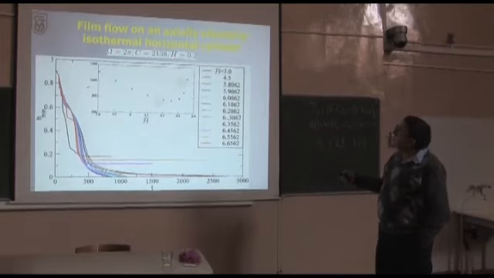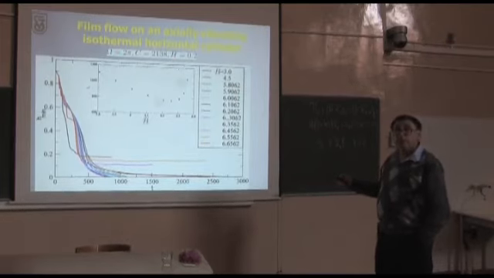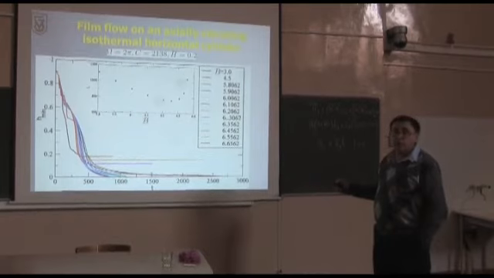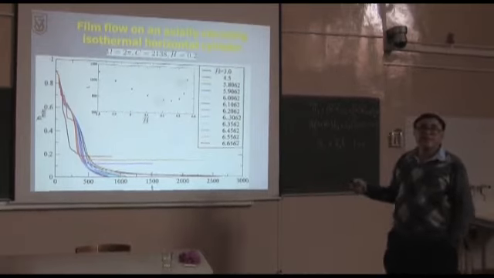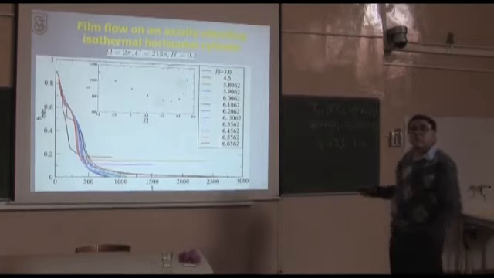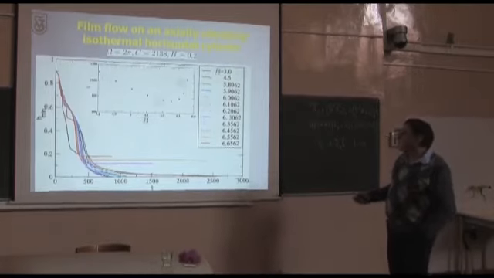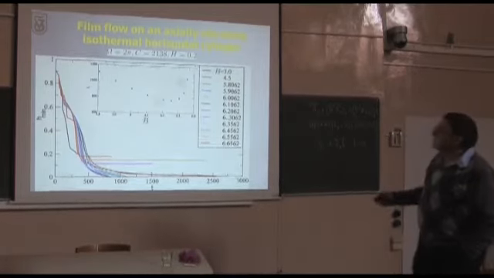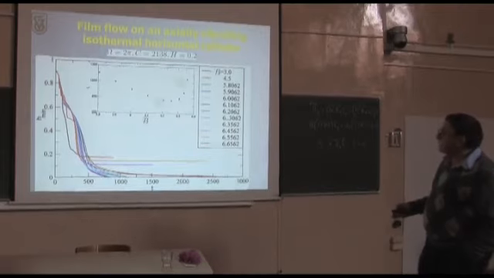H is 0.2. Remember 0.1 millimeter versus 0.5 millimeter. This is the inverse capillary number. This is the frequency of oscillation, 2 pi. This is the simplest case, right? And for various values of B. Okay, so B, look what happens. Many colors are present here.